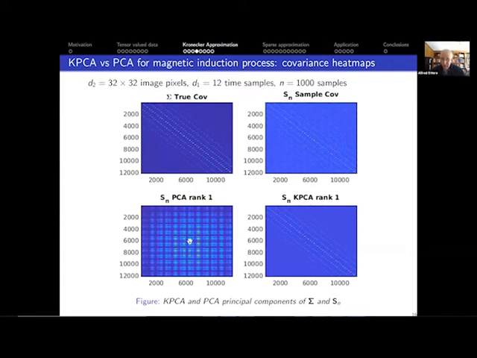Well, a rank 1 subspace of dimension 1 is not adequate for PCA, but for Kronecker PCA we can see indeed it does have the effect of reducing noise and recovering to a better degree the true covariance.